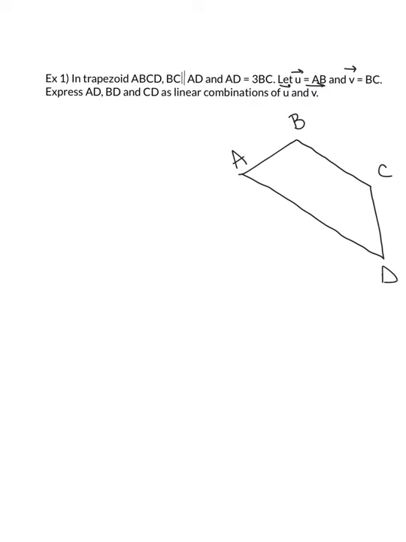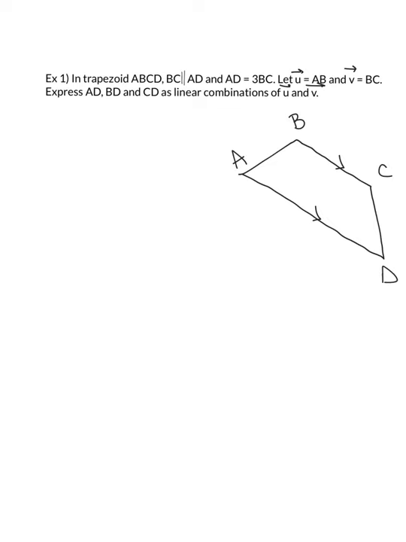Alright, so example 1. In trapezoid ABCD, side length BC is parallel to side length AD. So I'm going to go ahead and put that in there. And side length AD is 3 times the length of side length BC. It doesn't really look like that in my diagram, and I'm really sorry it's not to scale, but we're going to pretend it looks right.